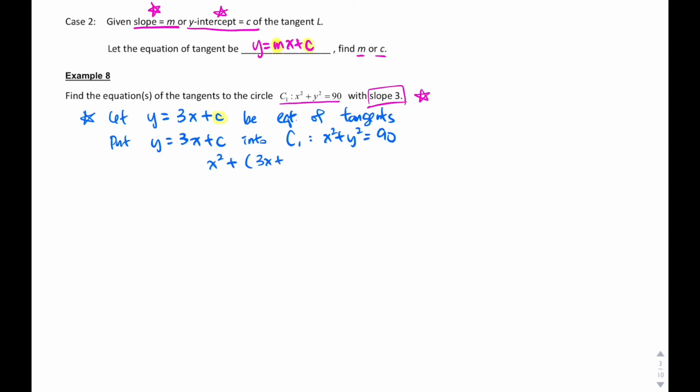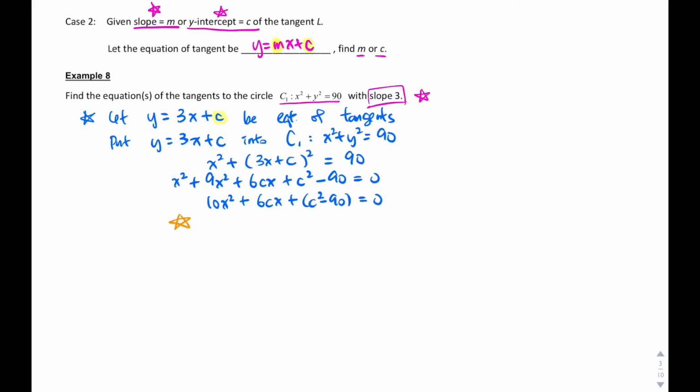So we have x squared plus (3x plus c) whole squared equals 90, and you try to simplify and expand.